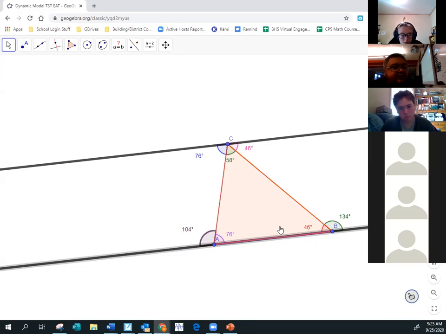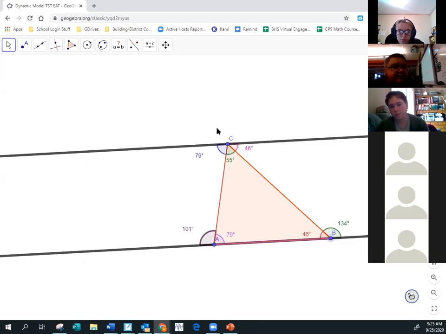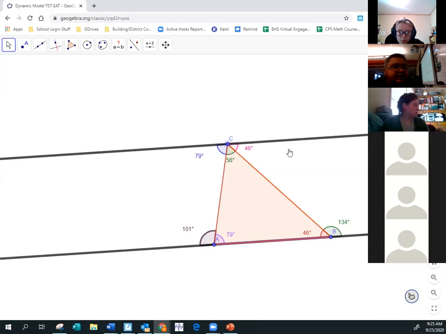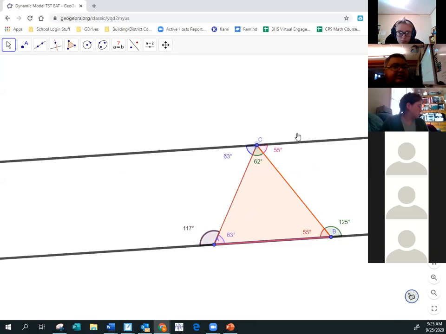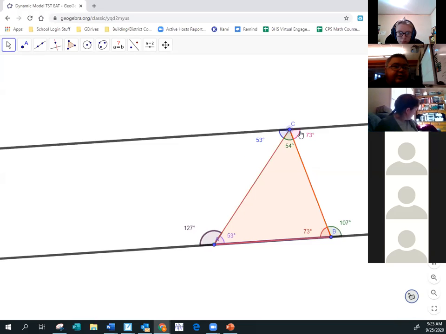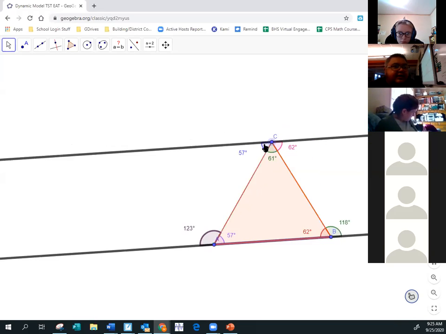Can you guys confirm that we're still at 180? Give me a thumbs up. We're good. Okay. So certainly for this kind of triangle, where it's roughly equilateral and I keep point C in this location, I can stop pretty much anywhere, and we can see it's going to be equal to 180 degrees.